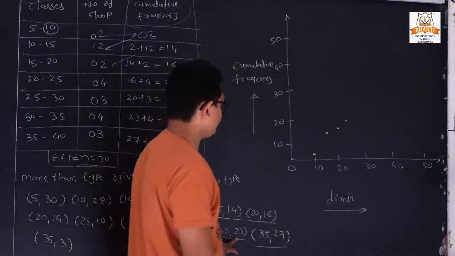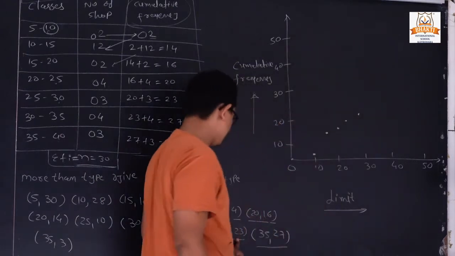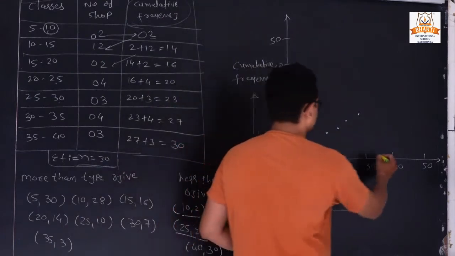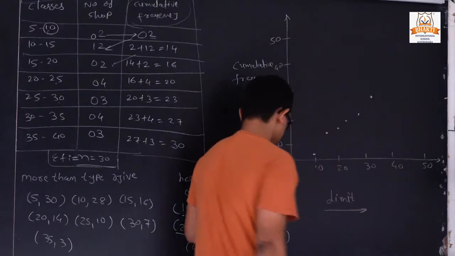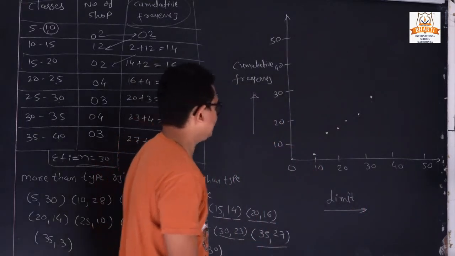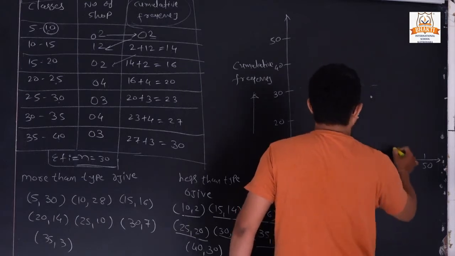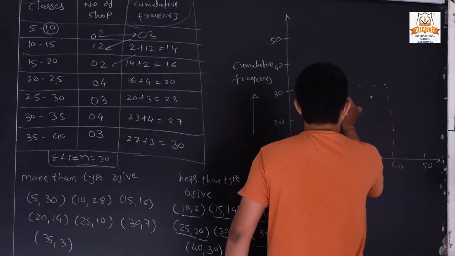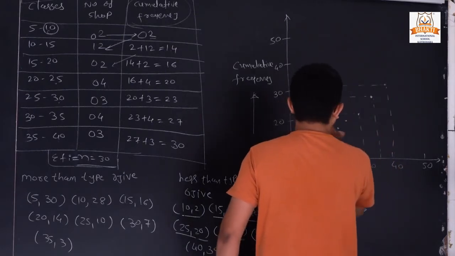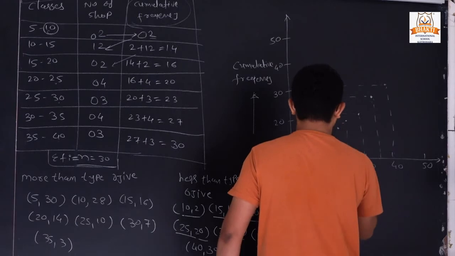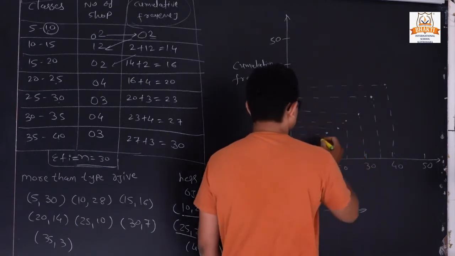Next 30 comma 23. Then 35 comma 27. Then 40 comma 30. So it is our graph.